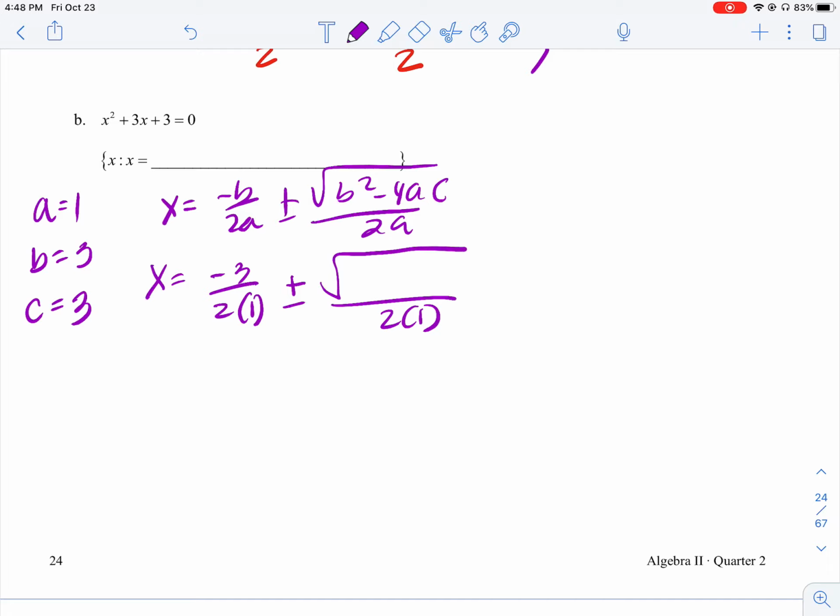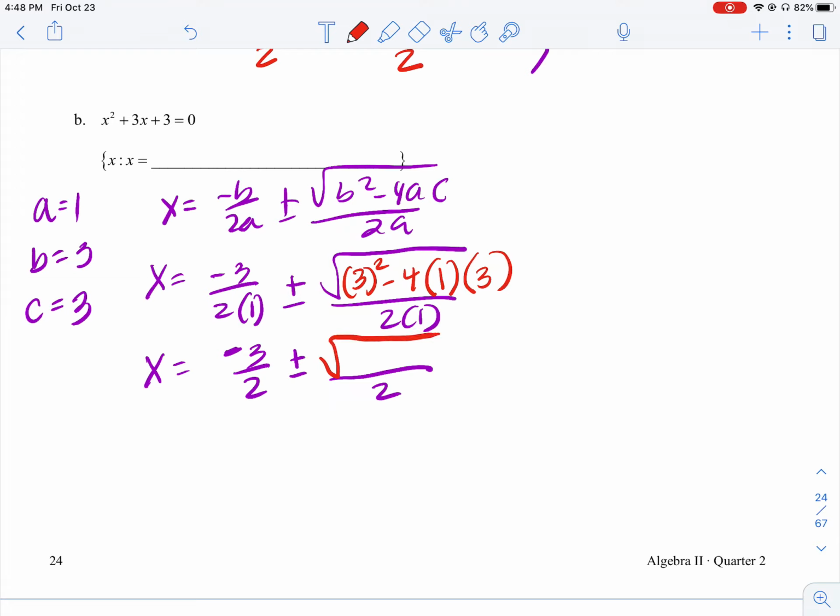The square root of, let's put that in red. What's my B squared? 3 squared minus 4, A is 1, C is 3. Moving on, we have x equals negative 3 over 2 plus and minus, of course, 2 is at the bottom also.